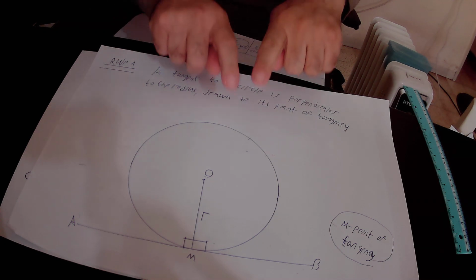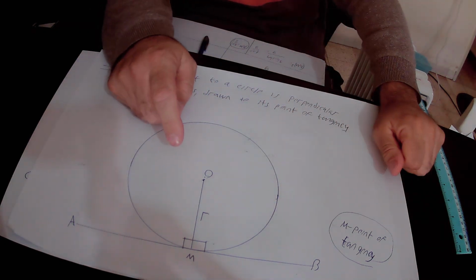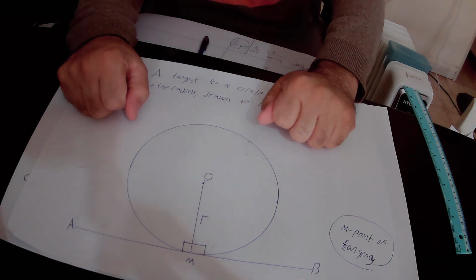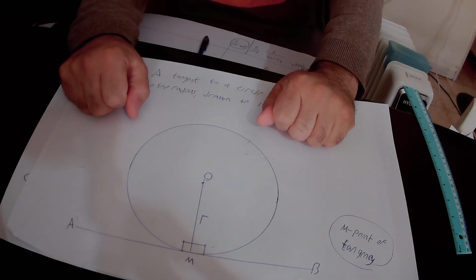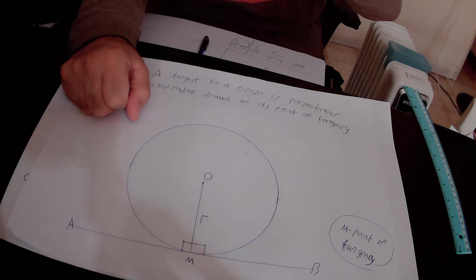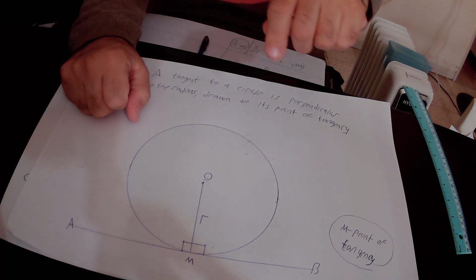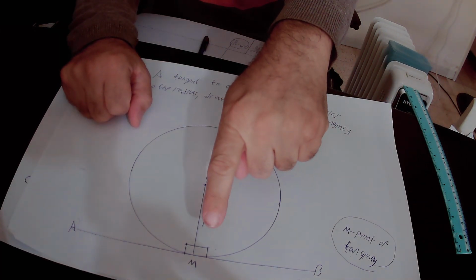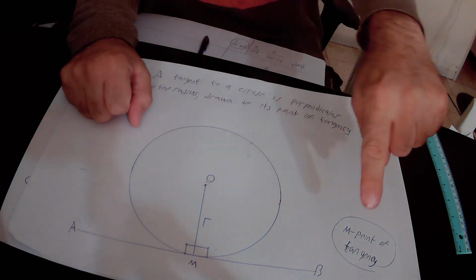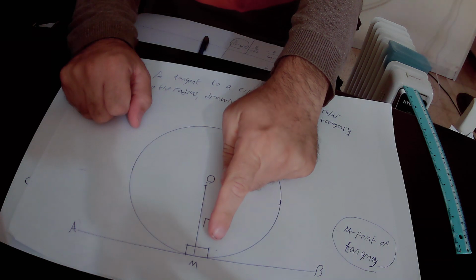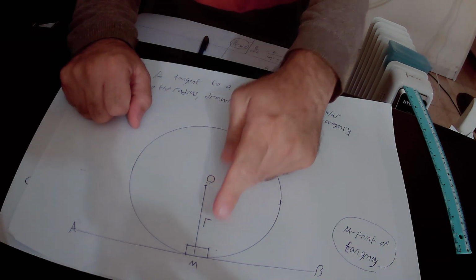So we have here tangent AB, which is tangent to this circle at point M. We have the radius OM that is drawn to point M, the point of tangency of tangent AB with this circle. And whenever we have a radius drawn to the point of tangency, then tangent AB will be perpendicular to the radius MO. So if AB is perpendicular to MO, it means that this angle equals 90 degrees and this angle equals 90 degrees.